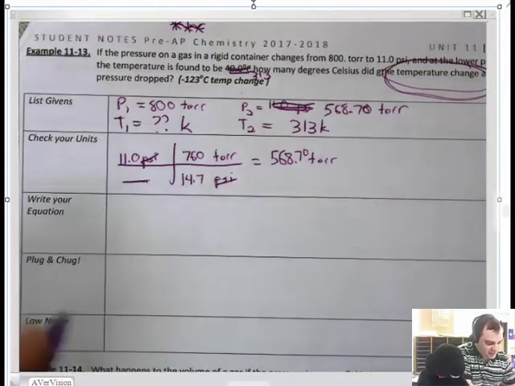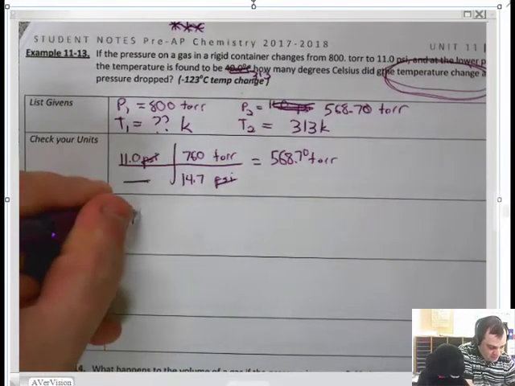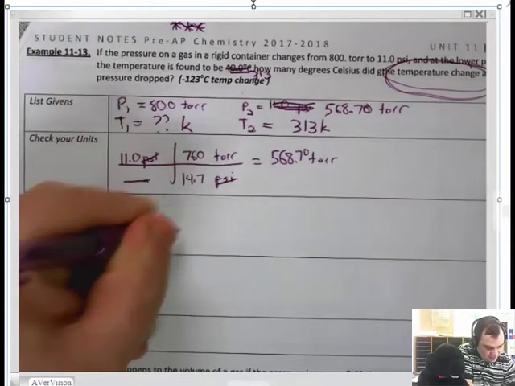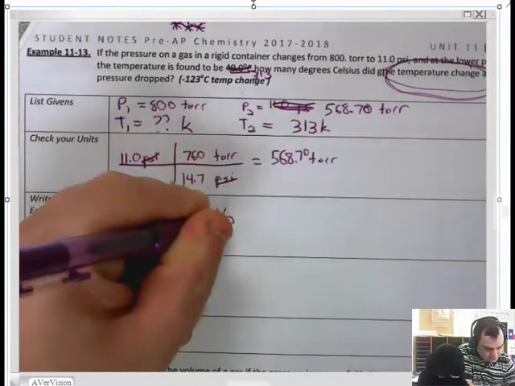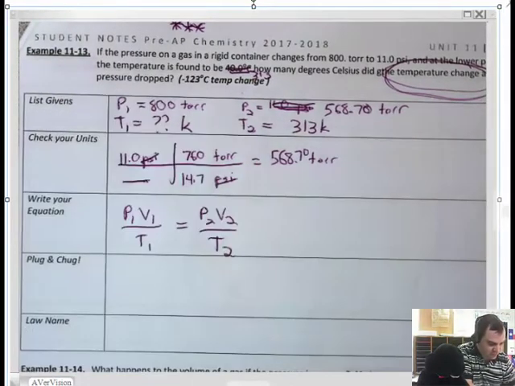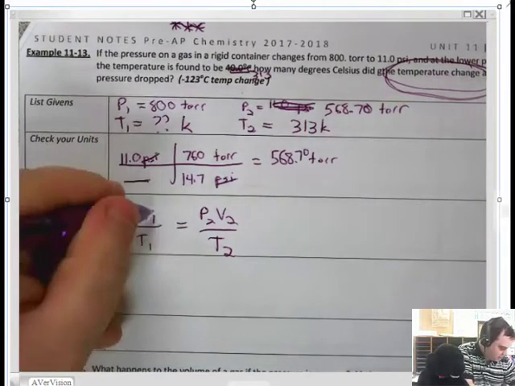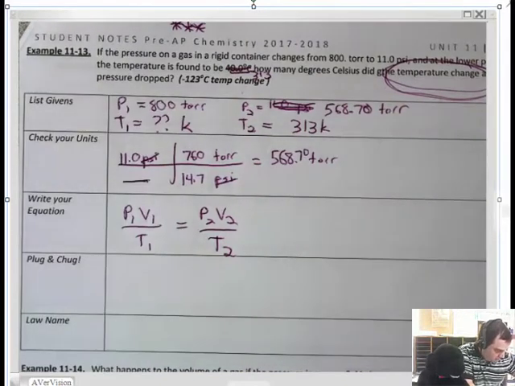Okay, so we're going to write down our equation here. P1 V1 over T1 equals P2 V2 over T2. Volume is not mentioned in this problem, so we are going to cross out the V's.